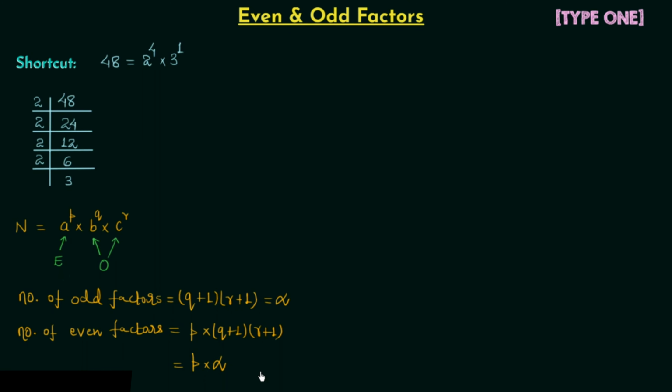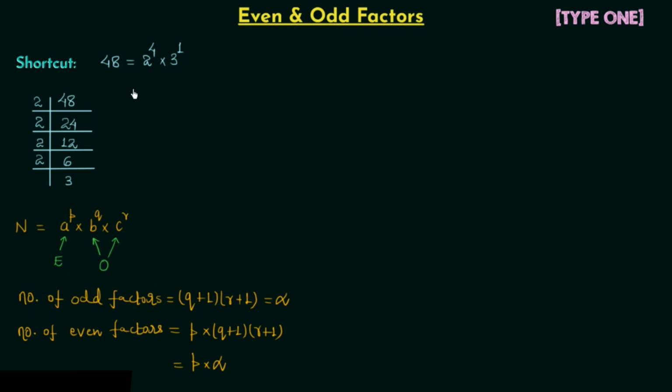And there is one more way to find the number of even factors. If you have already calculated the total number of factors, which is p plus 1 multiplied by q plus 1 multiplied by r plus 1, then you can subtract alpha, the number of odd factors, from the total factors.